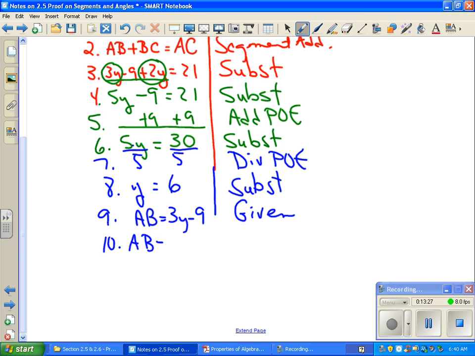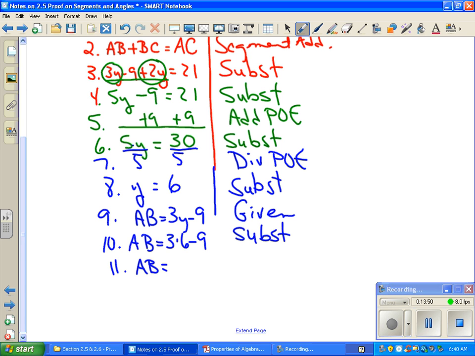Then we can plug in the number that we got, 6. That's substitution because we took out the letter for y and we put in the 6. And that allows us to be able to calculate this. So in our last statement, AB is going to be equal to whatever 3 times 6 minus 9 is. And we're going to substitute that answer in.